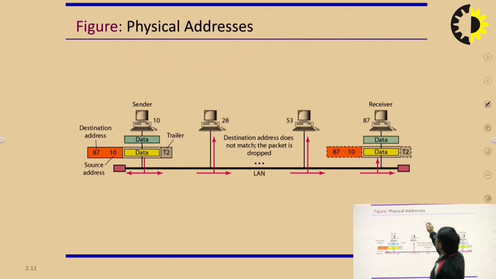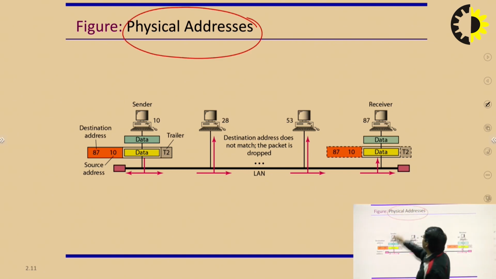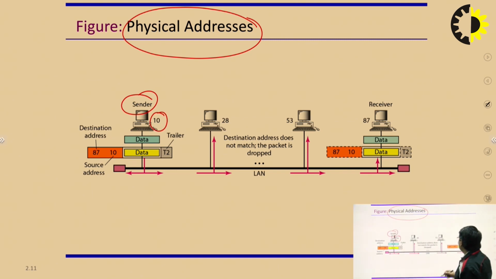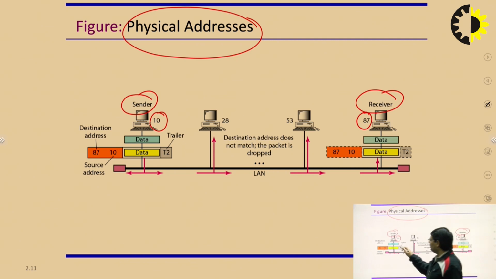Here are some examples. Physical address. As we have discussed, physical addresses are required for exact delivery of data to the destination. So here we have a sender whose address is 10. Then we have a receiver whose address is 87. So we have data. Then at the data link layer level we have frames.